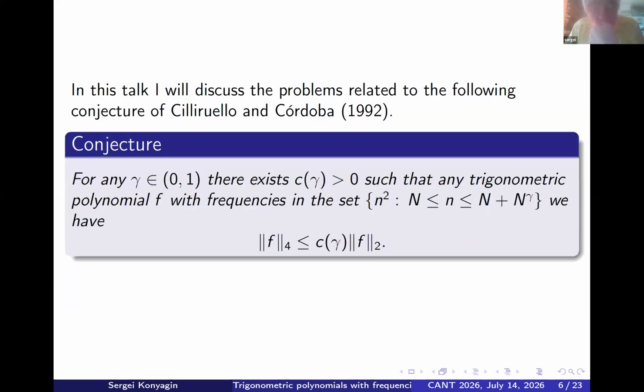Another conjecture is the conjecture by Cilleruelo and Córdoba that if we don't take all squares and we take some segment, and this segment is from N to N plus N to the gamma, where gamma is less than 1, then the norm in L4 can be estimated in terms of the norm in L2.